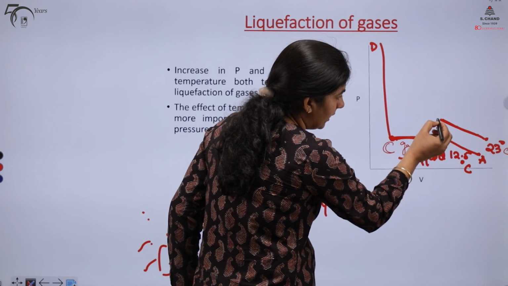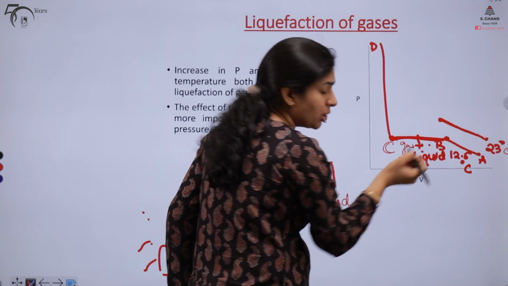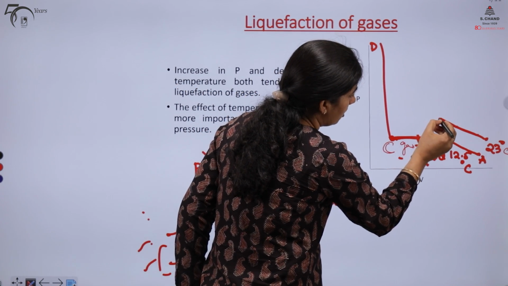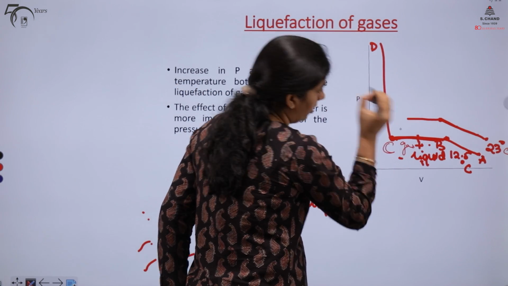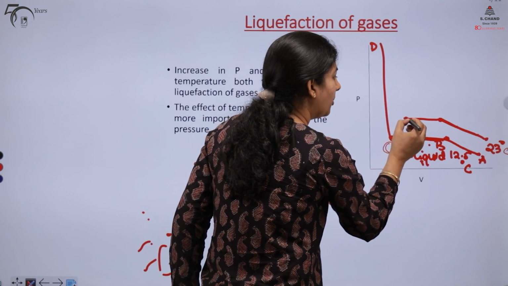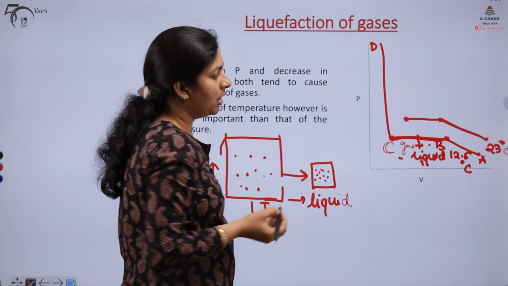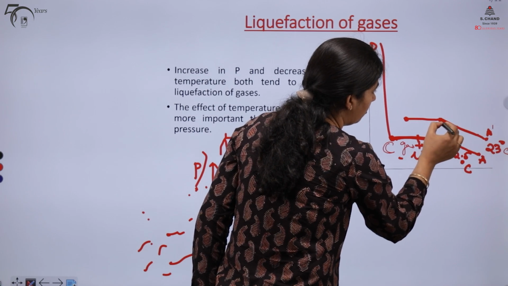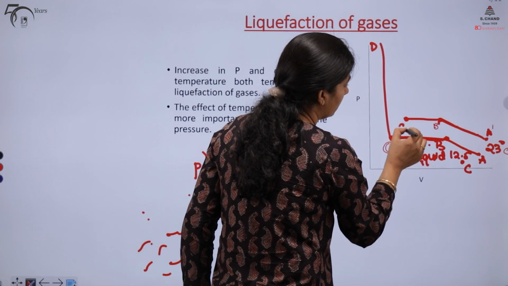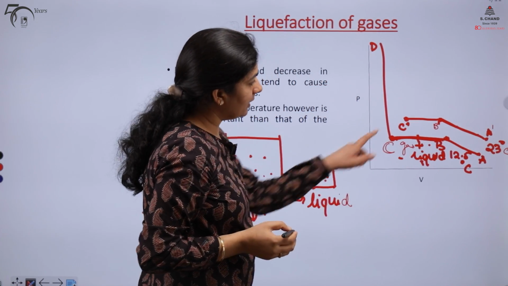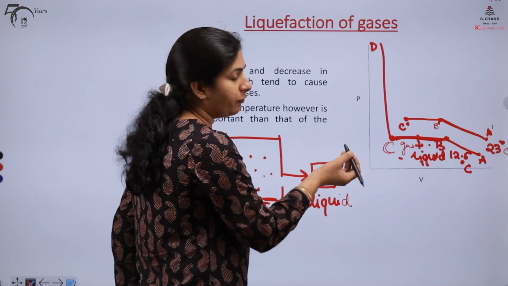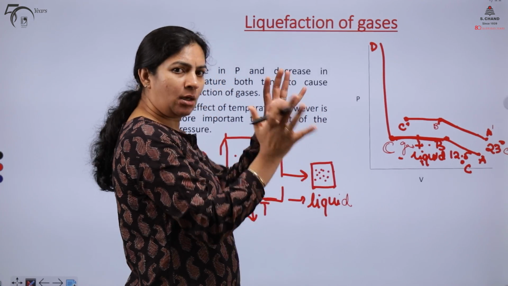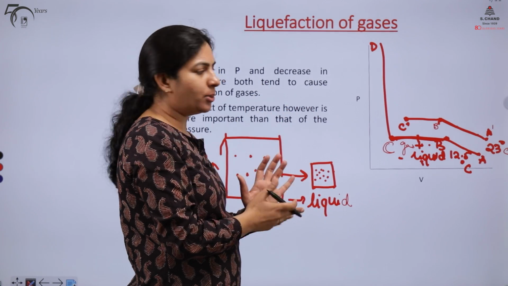And then we would see that the liquefaction commences at this point. Liquefaction will continue up to this point, right? We may call these points A dash, B dash, C dash, and at this point C dash, the liquefaction is over. So the entire amount of gas has turned into a liquid.